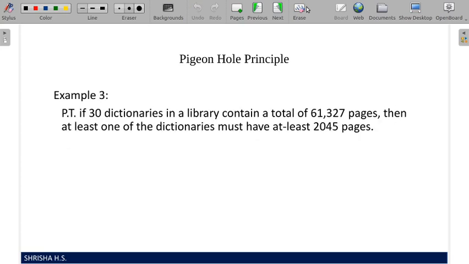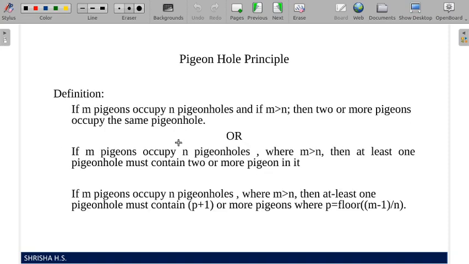Example 3. Prove that if there are 30 dictionaries in a library and they contain a total of 61,327 pages, then at least one of the dictionaries must have at least 2045 pages. Let's go back to one definition.